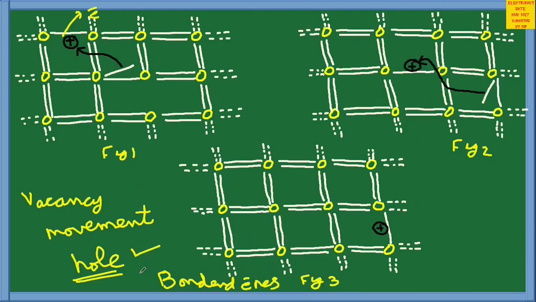In some situations, if we think in terms of bonded electrons instead of holes, then it will be helpful to understand some ideas clearly. Now, as we said earlier, a semiconductor material consists of two types of electrons, free electrons and bonded electrons. And we have seen that both these electrons can contribute to currents.